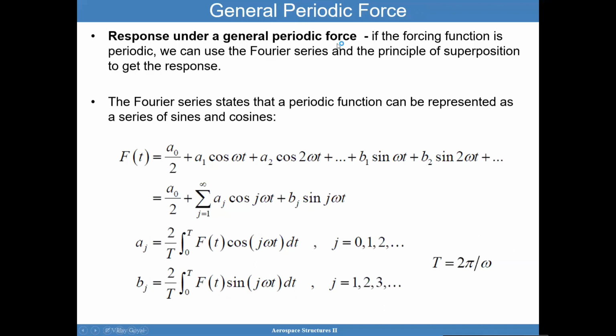And so the Fourier series states that a periodic function can be represented as a series of sine and cosine series. And so you can take any function that's periodic and state it in this manner. And you can write this in summation symbol. And A_j and B_j can be found through these formulas. So this is going back to how you can express a general periodic function using Fourier series.